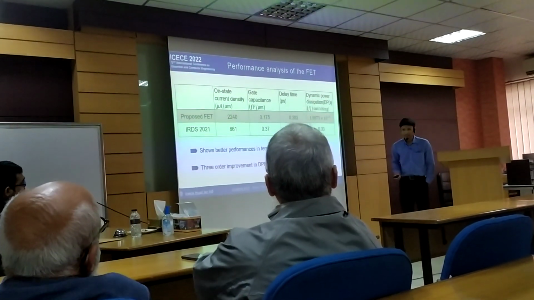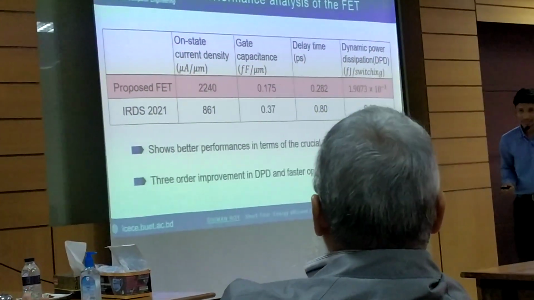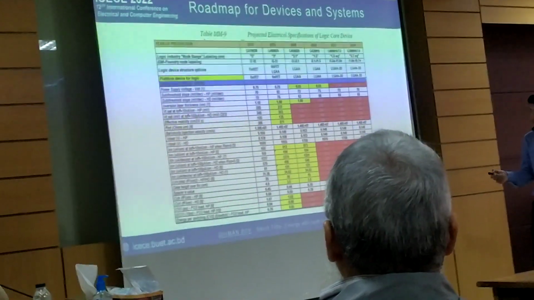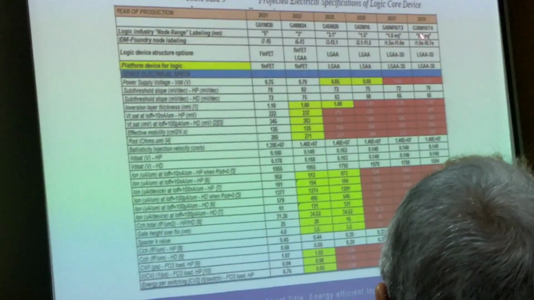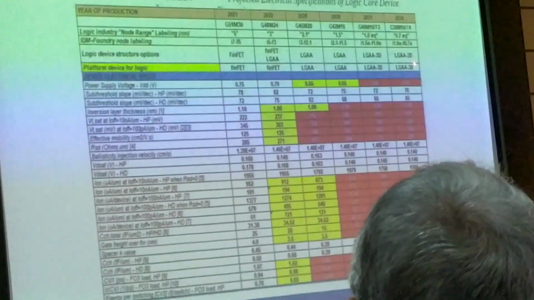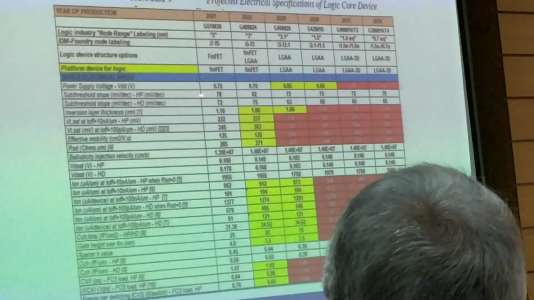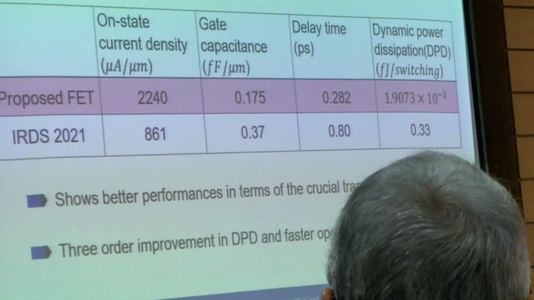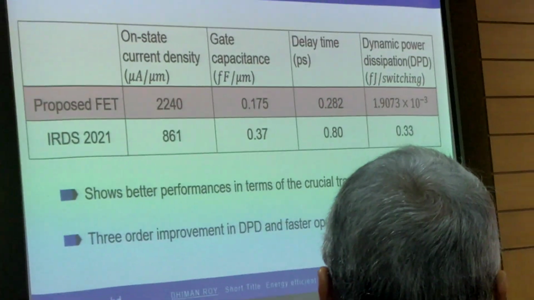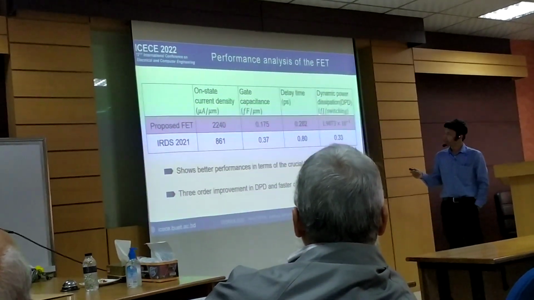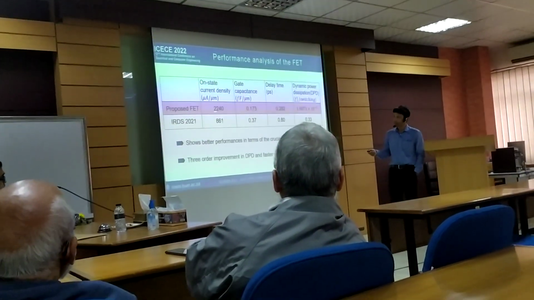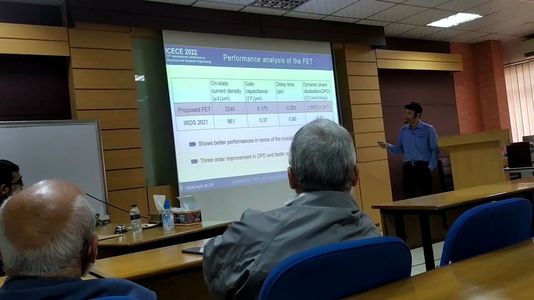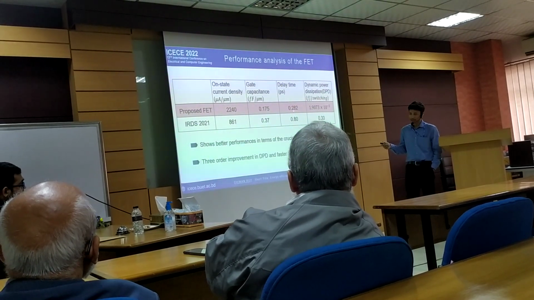What is the voltage level? Sorry, sir. Supply voltage? Oh, sir. Supply voltage, we have taken 0.55 volt because from this roadmap, you can see that this represents the 34.7 nanometer node. In this case, the power supply voltage we have taken is 0.55 volt. So from this roadmap, we have calculated all of this from the VDD, that means we have taken 0.55 volt in our calculation. So this is the current I we have found from the RC, with VDD equal to 0.55 volt, and tau is equal to RC.